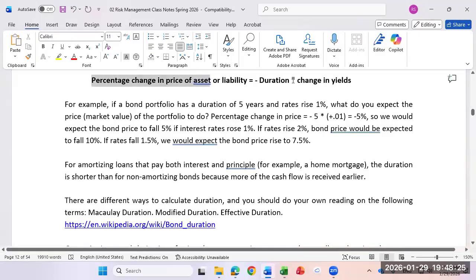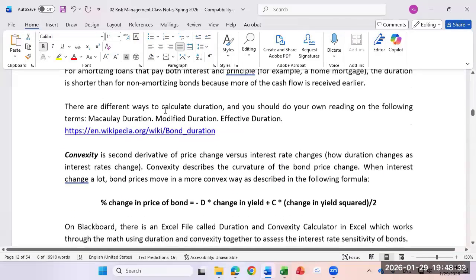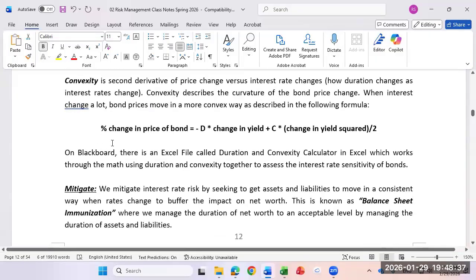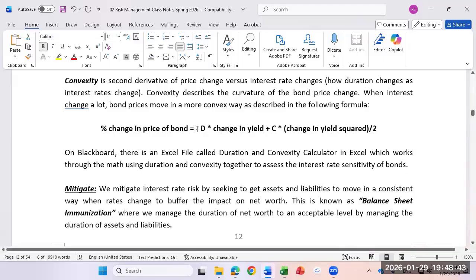So this is the formula. You won't use this formula on the exam directly, although you will, well, kind of indirectly you will. But it's an important formula to know. Oh, there's a link right there. So convexity is that second order. If you want to get a more precise measure of how your portfolio is going to move, it's actually minus duration times the change in yield plus convexity times the change in yield squared divided by 2.